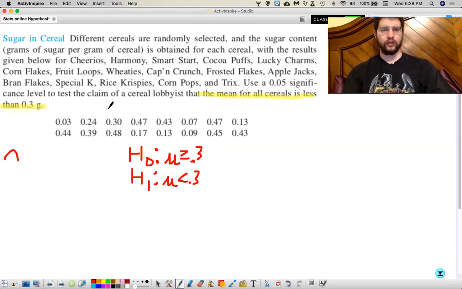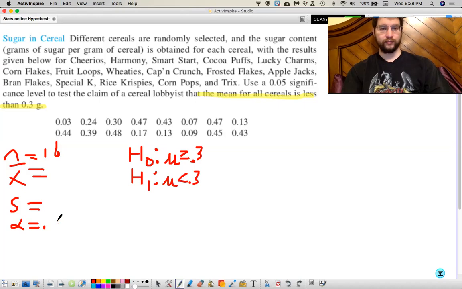N is 16. X bar. There's no sigma, so S. We do have alpha.